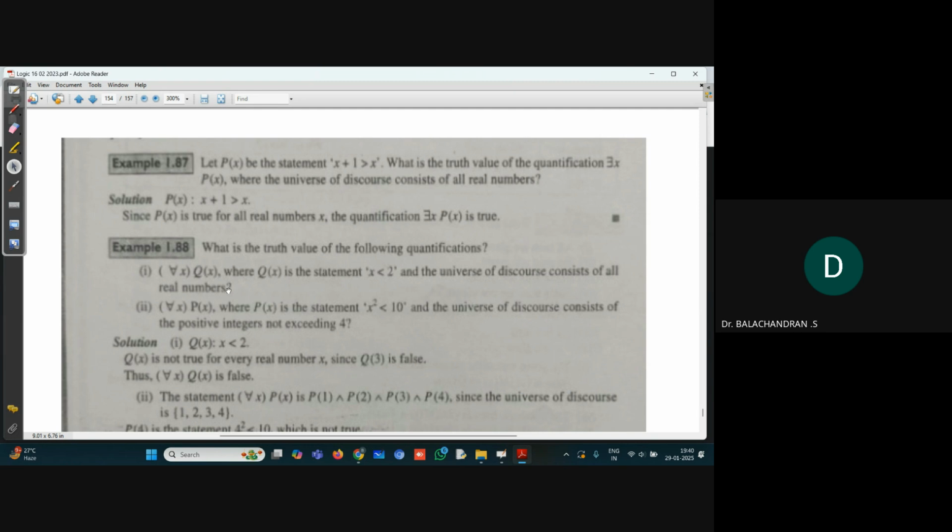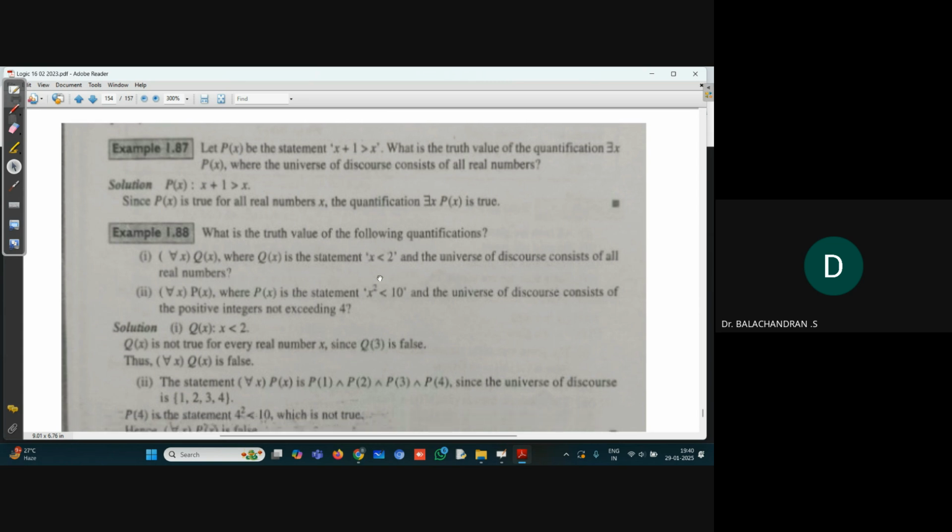Now you can see here X less than 2 is not always true, because if I take X as 3, this is false.